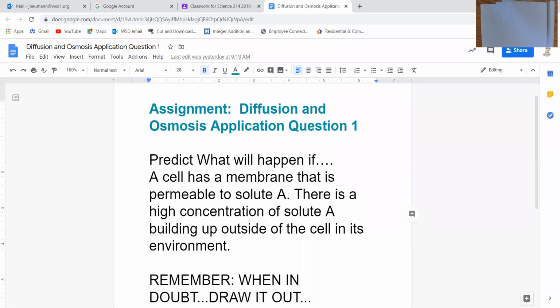But today what we're doing is a quick review of the lesson from yesterday, the assignment. If you didn't do this question, I don't think I'm going to mark it late because it's kind of like an entrance slip.